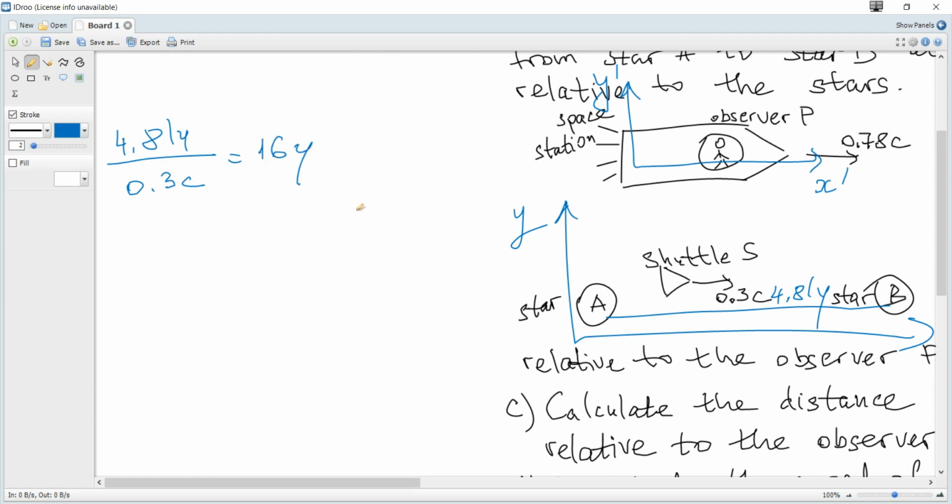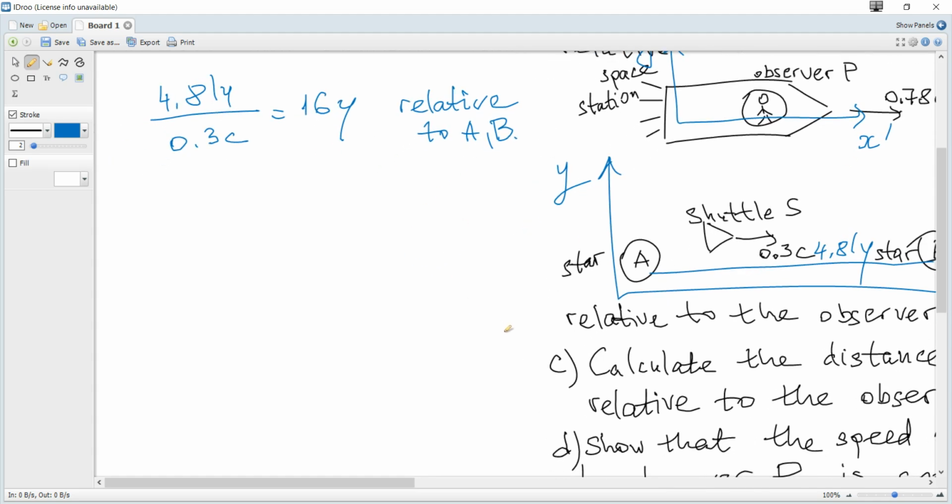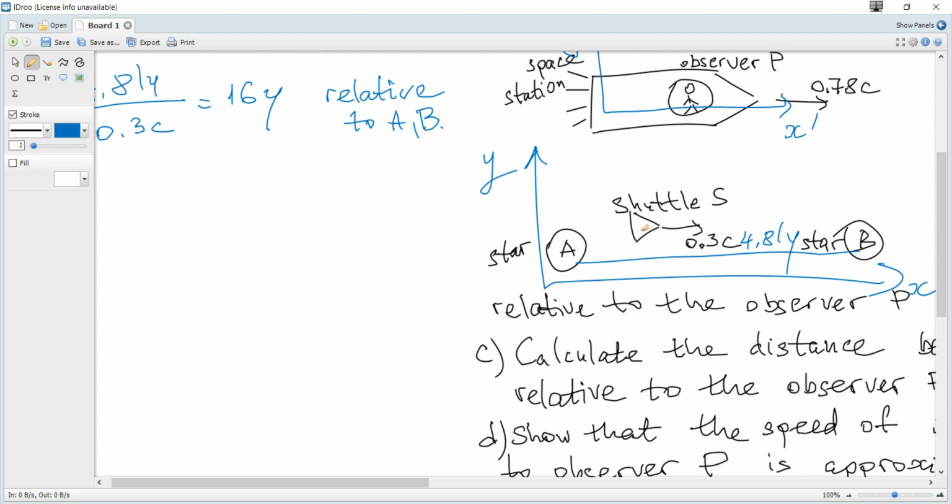It's the time required for a shuttle to travel this distance in the reference frame relative to stars A and B. But if we consider the shuttle, it will measure a proper time, because two events occur at the same place at the shuttle.